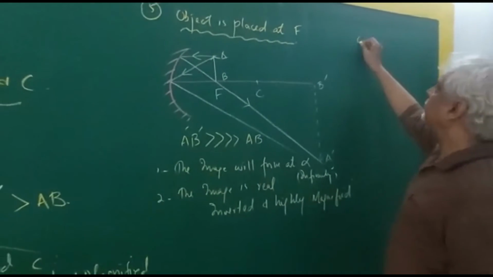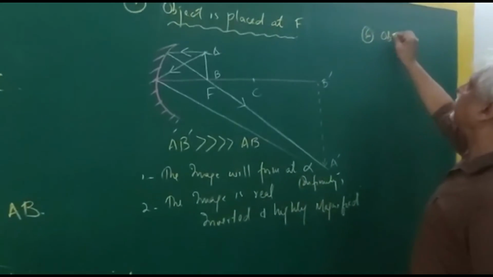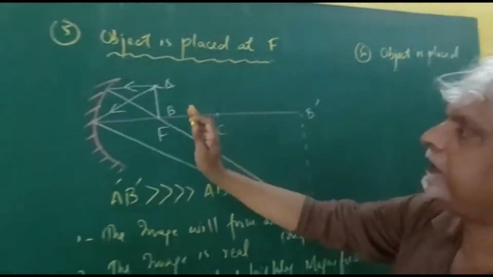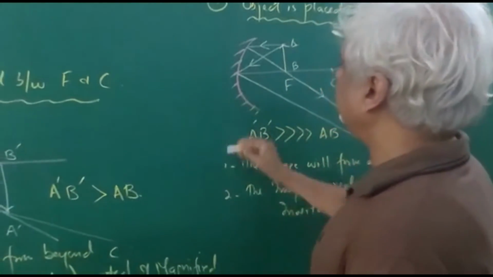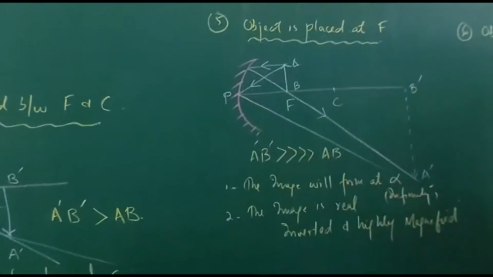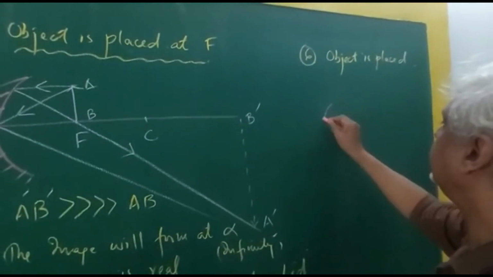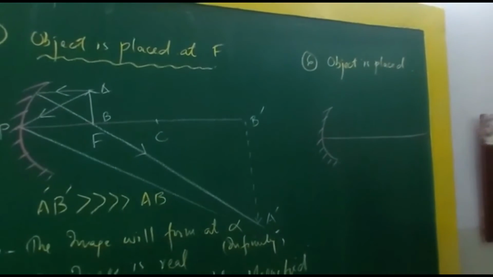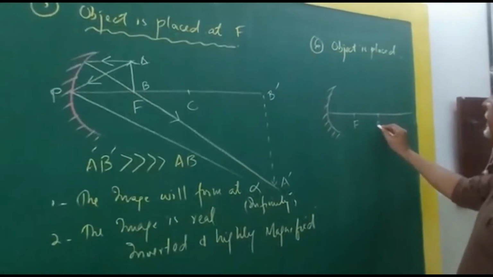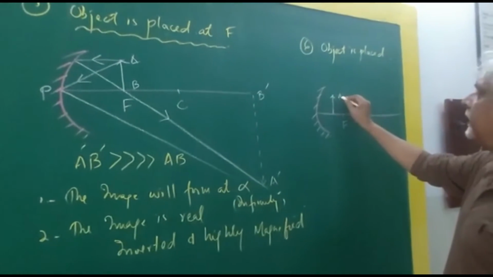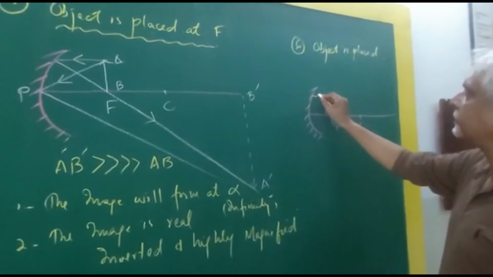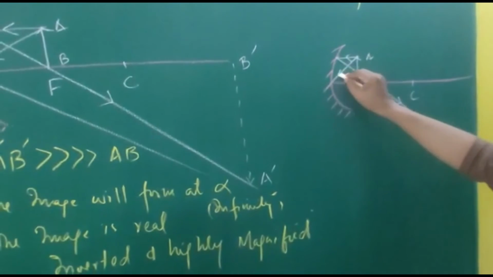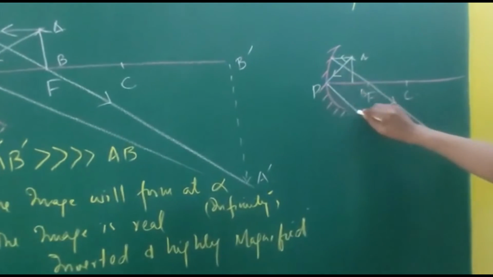Now moving on to the sixth and final case. What happens when the object is placed between the principal focus and the pole of the mirror? Let's say this is your concave mirror, principal axis, F, center of curvature. We place the object here, AB. The first ray of light will strike the mirror and pass through the principal focus, and the second ray will strike the pole of the mirror and reflect back at the same angle.